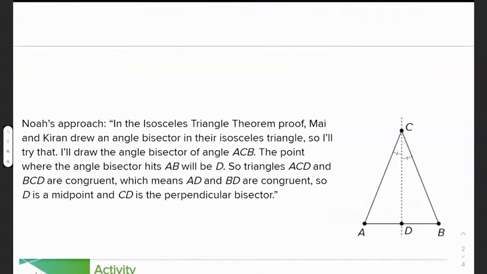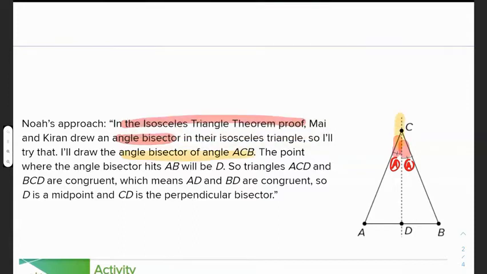Noah basically says, well, in the isosceles triangle theorem proof, and he's referring to his friends from, I think, a previous lesson, drew an angle bisector. An angle bisector basically cuts an angle in half, right? And that actually gives us a pair of congruent angles. And then he says, I'll draw the angle bisector of ACB.